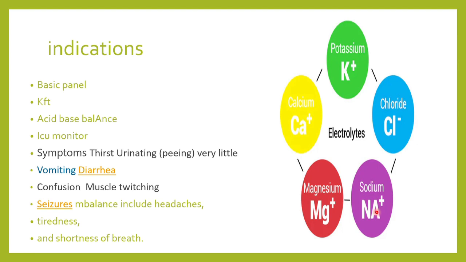Suppose there is an acid base imbalance, the doctor orders this kind of test. Suppose the patient has vomiting, diarrhea, confusion, tiredness, his heartbeat is decreased, the doctor orders these serum electrolytes, especially we monitor these electrolytes.